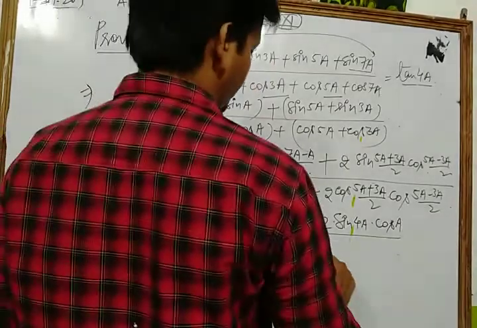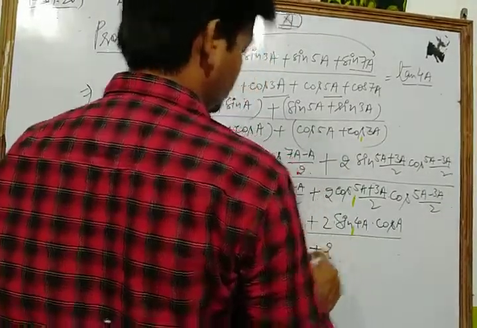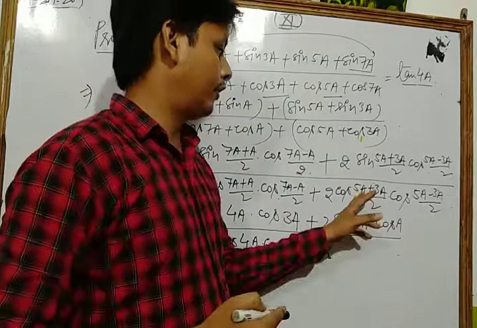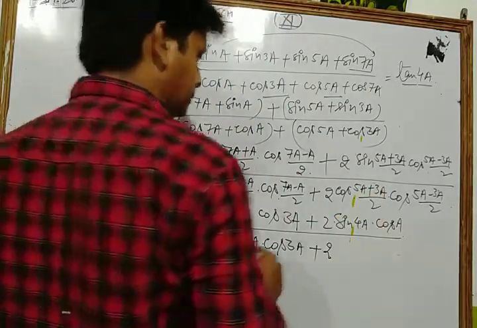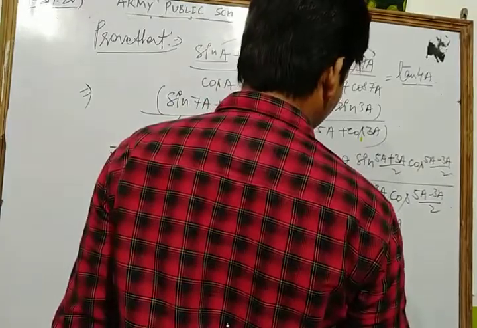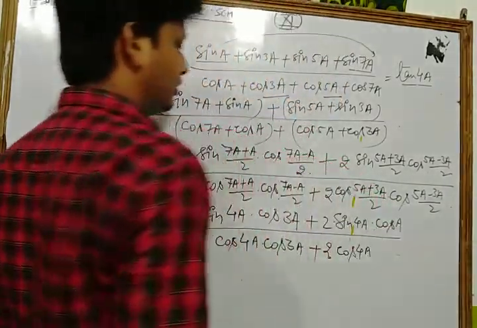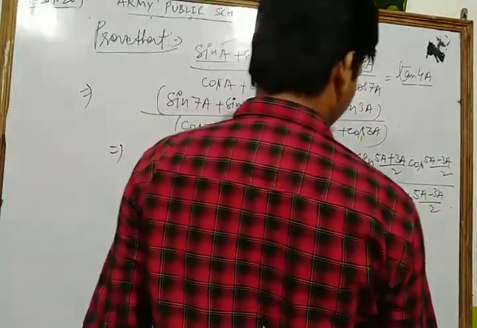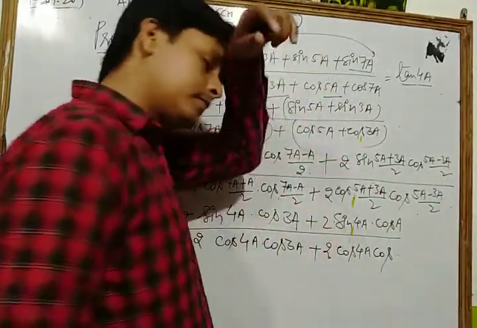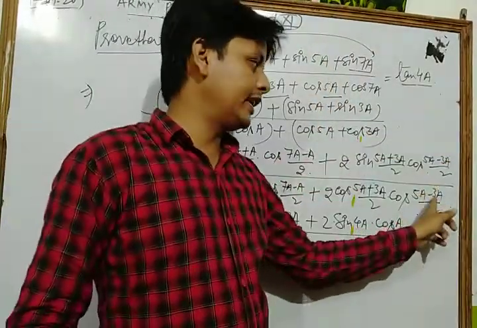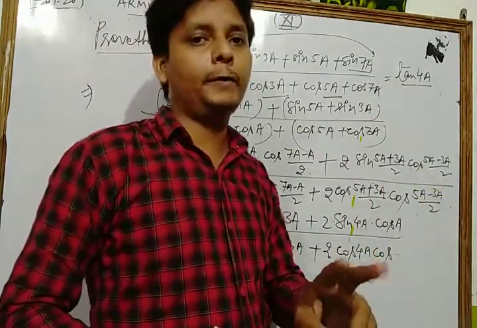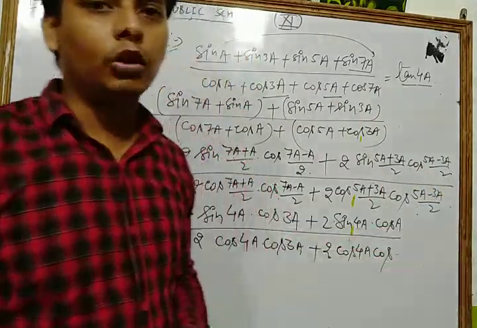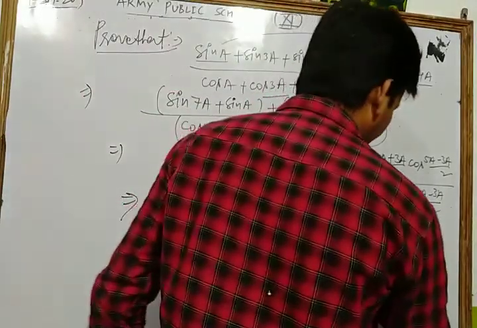Plus here 2 cos((5A plus 3A)/2), 8A upon 2, so 2 cos 4A is left here. And here cos((5A minus 3A)/2), that is 2A upon 2, only A, that is cos A.